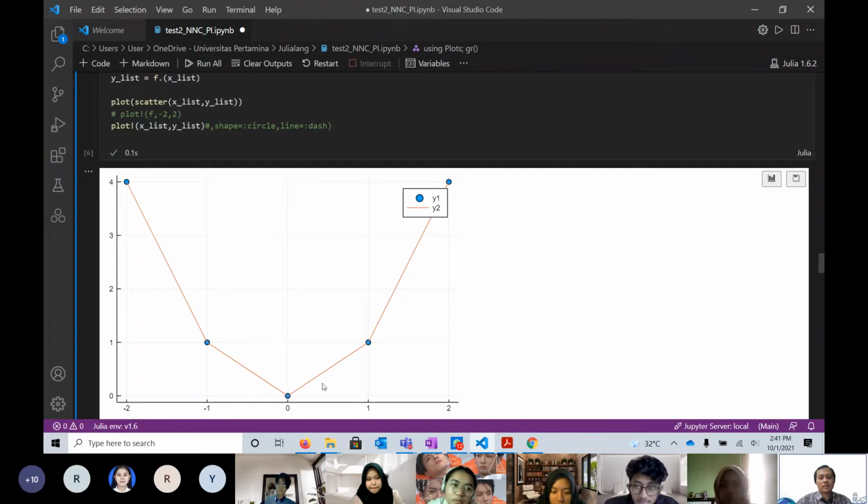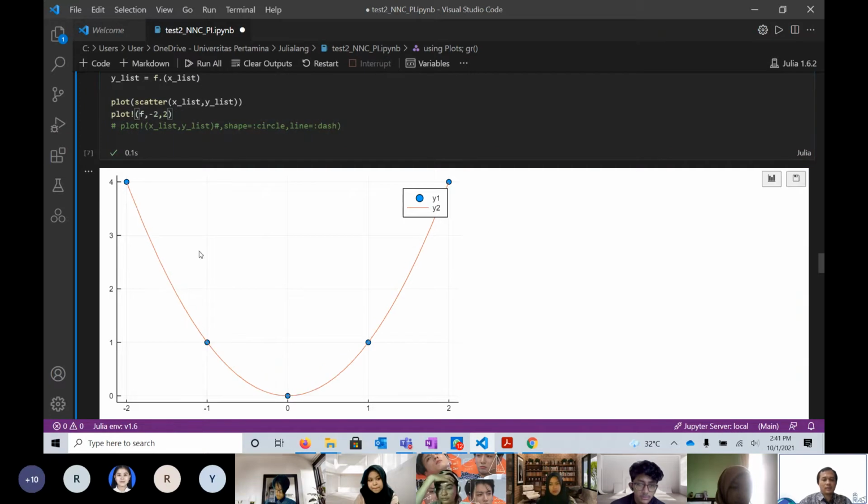This is not smooth because there are angles between two lines, which is not quite smooth, and the picture of the plot should look like this.